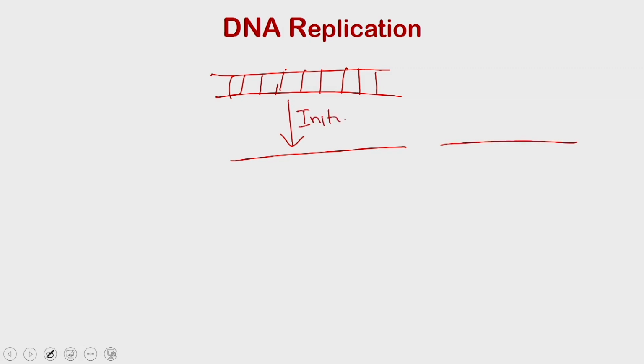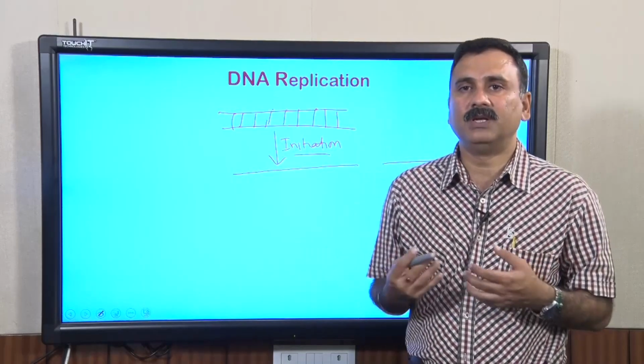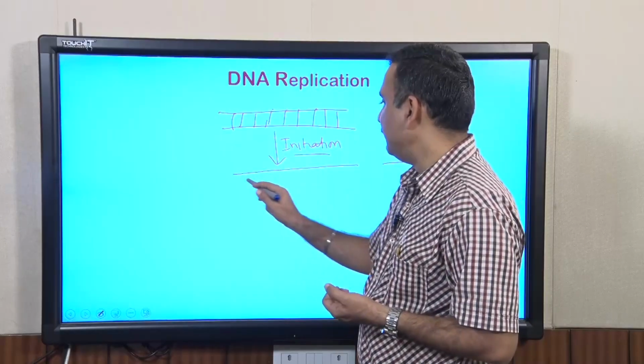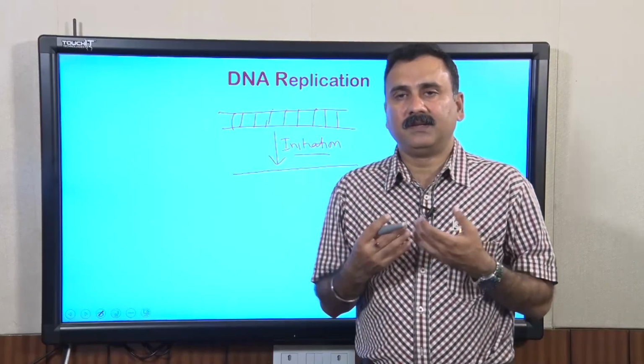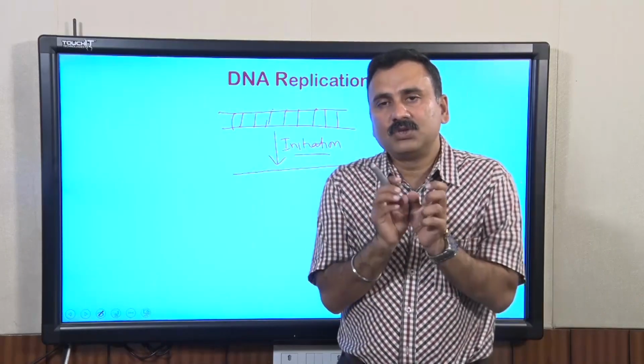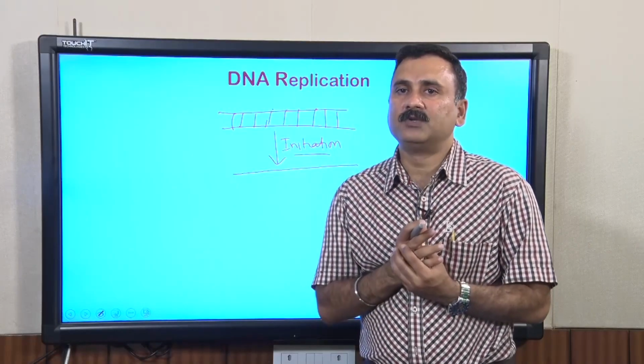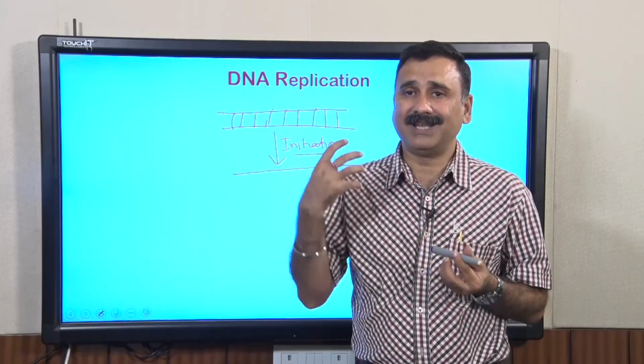In the initiation step, you know that the DNA is helical in nature, and once you break the DNA, it is attached at the corners, so the DNA will create a tension.